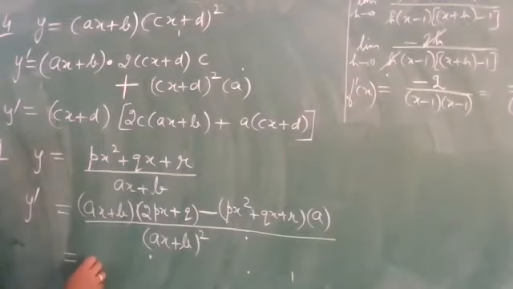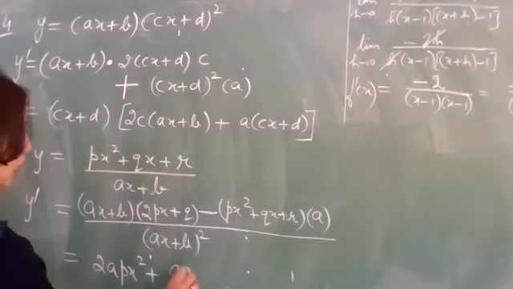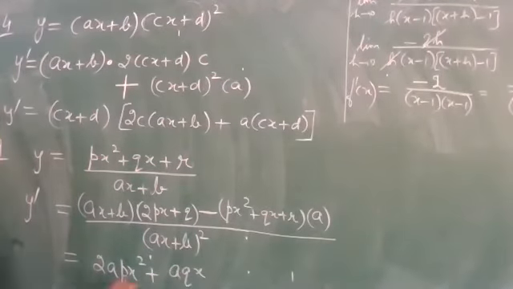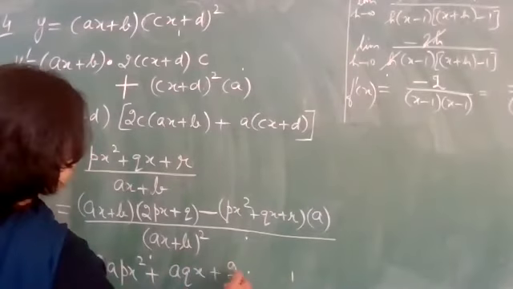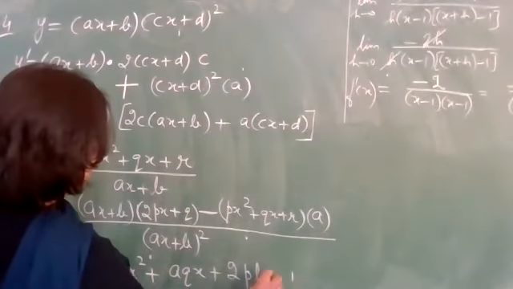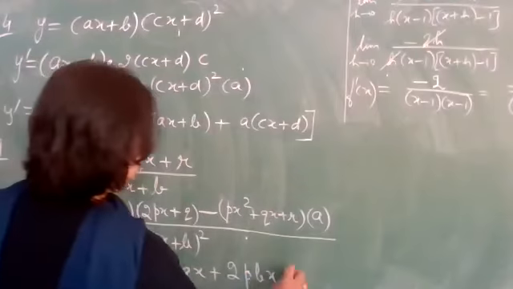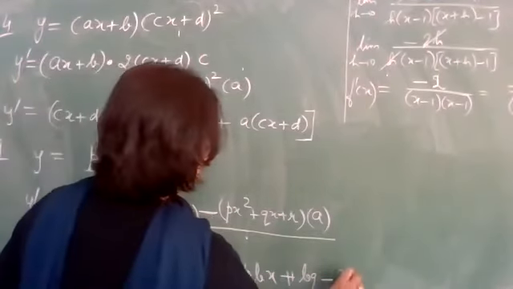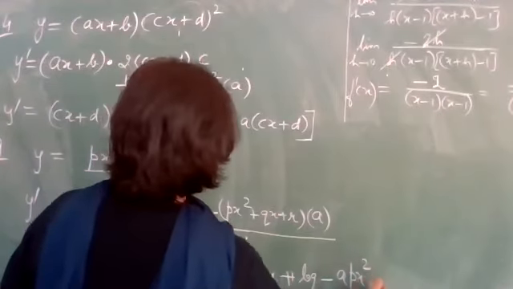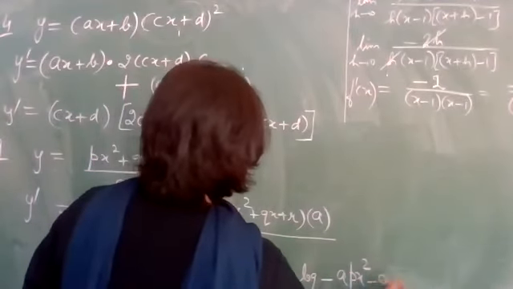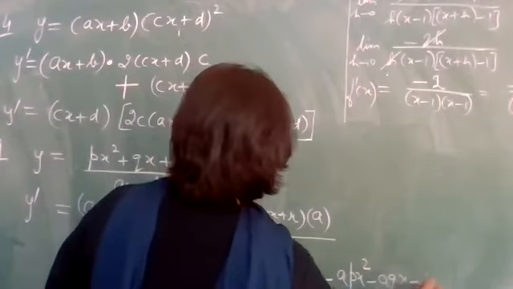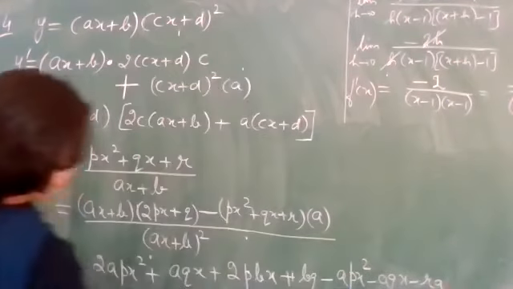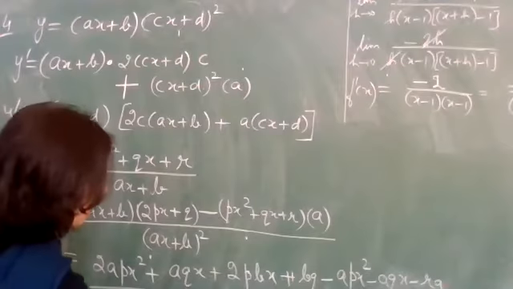So we are multiplying the factors. 2apx square plus aqx plus 2bpx plus bq minus, there's a minus sign, minus apx square minus aqx minus ra, upon ax plus b whole square.